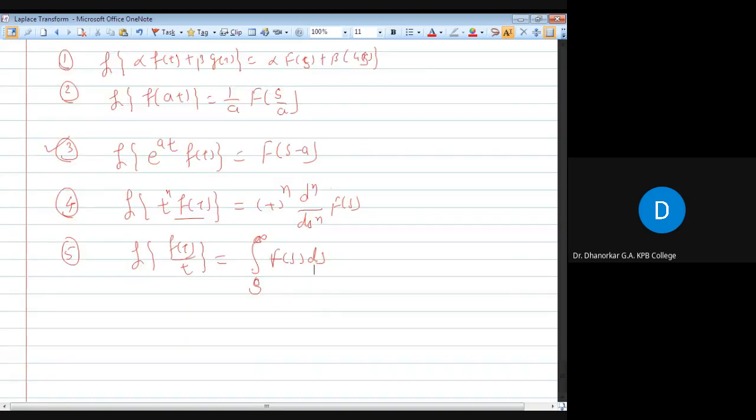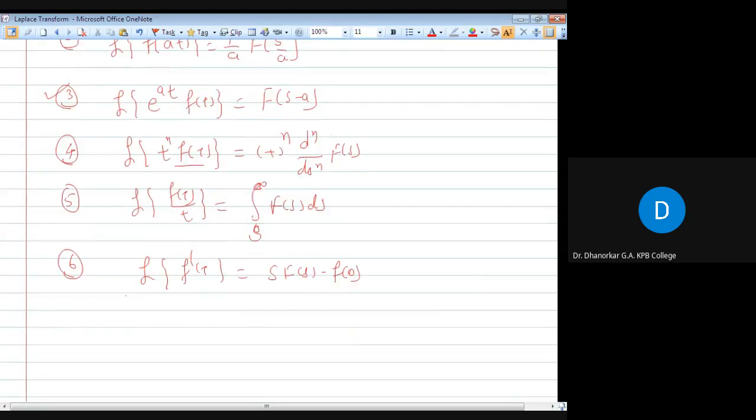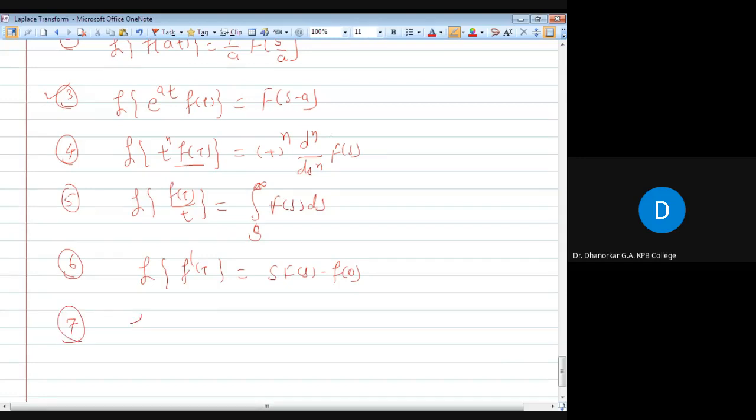The next property, derivative of this function. Laplace transform of f dash of t is equal to s into F of s minus f of 0. Again, one more property is also there: the Laplace transform of integration 0 to t f of t into dt is nothing but F of s divided by s.